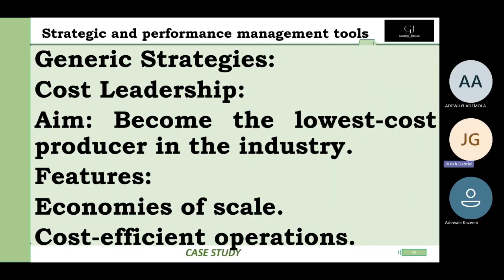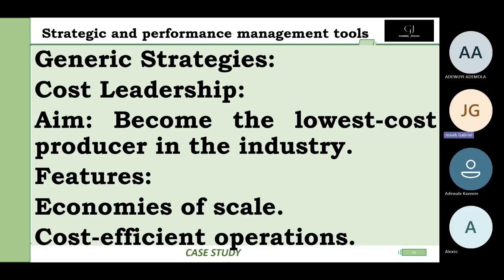So the strategies look at principally the cost leadership. Leadership in cost means becoming the lowest cost producer in that industry. So cost is one of the challenging areas businesses have issues, especially where they deal with imported raw materials they have no control over.